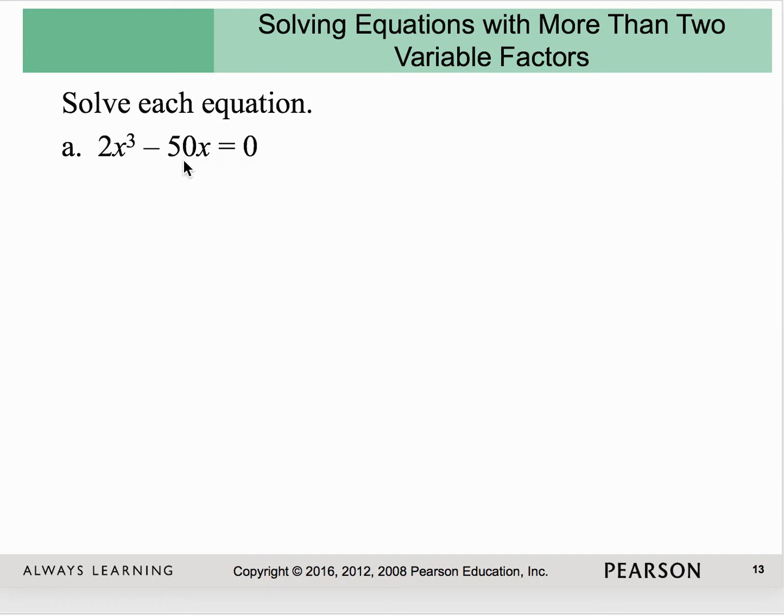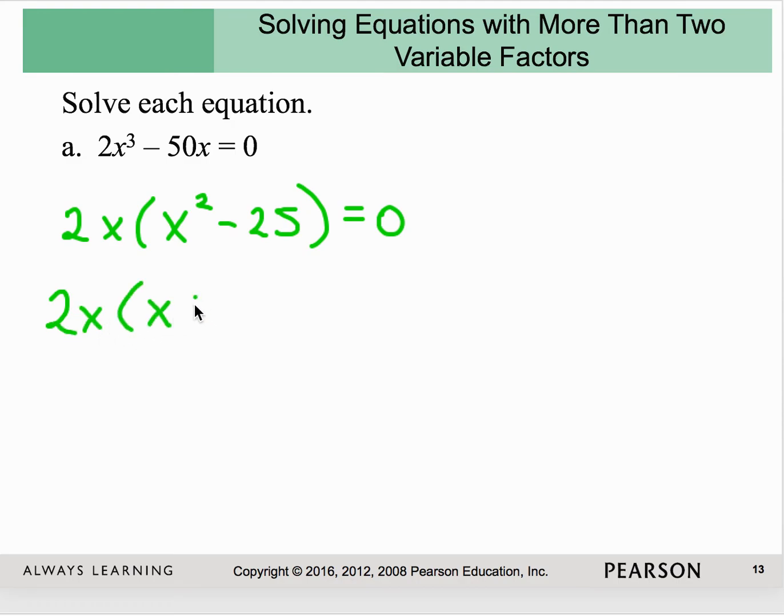Okay, common factor first. So I can factor out a 2x, and that leaves x squared minus 25. Since that's just a binomial, I got to recognize that it is the difference of squares. So it factors as x plus 5, x minus 5 equals 0.